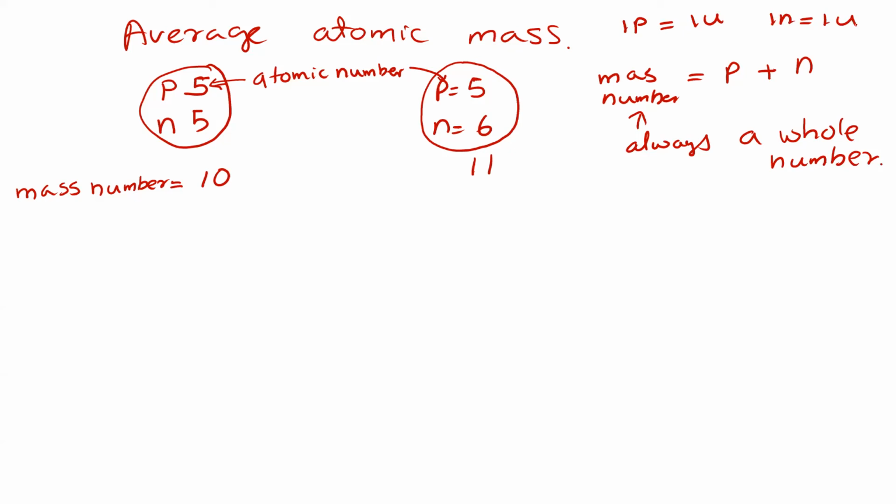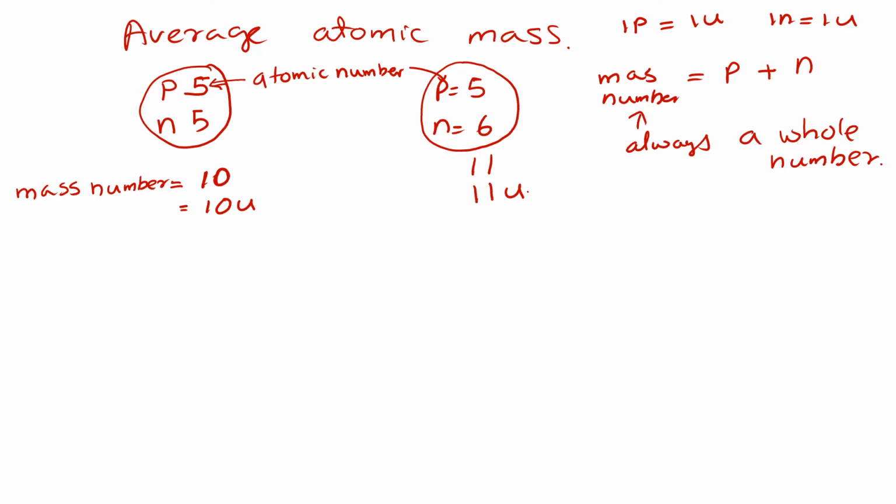So that means if we have a total of 10 such units, we can rewrite this as 10U. The same way for the other atom, we can write 11U.